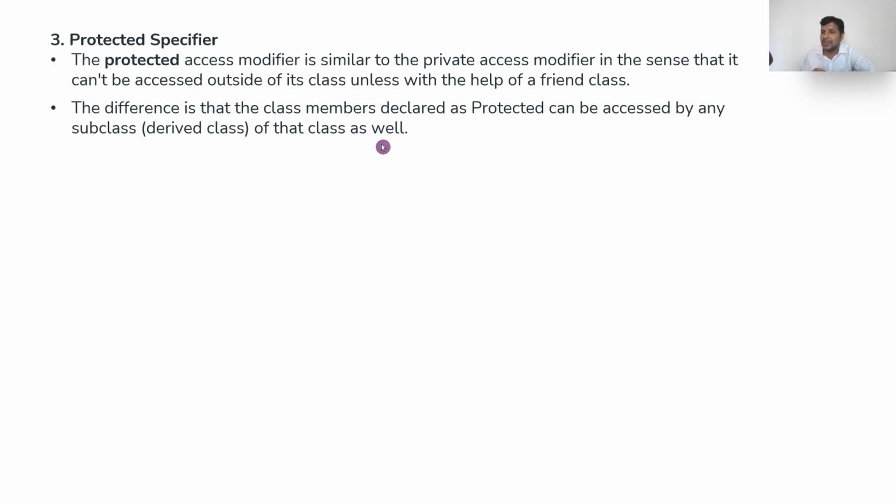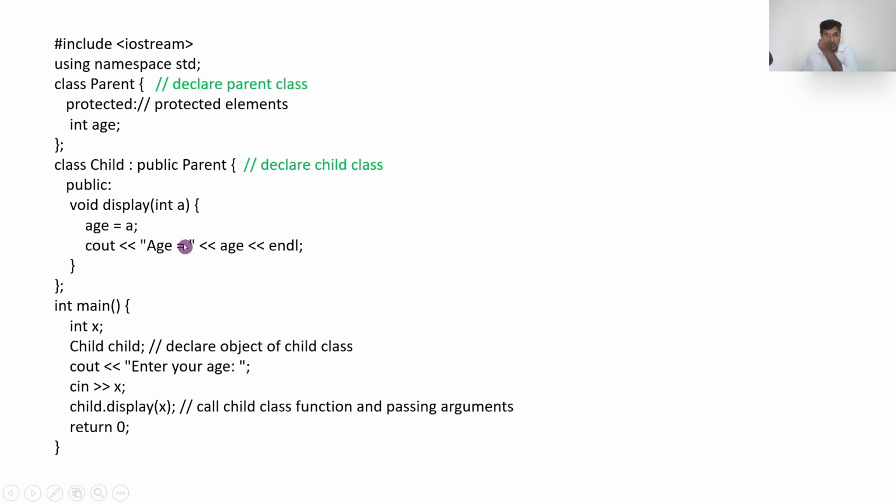So just like private, but subclasses, that means a parent class has a child class, or a super class having a subclass, can access it. Now how do we declare a subclass? By using a colon. Let me show you the program. You can see here, when you write class child colon public parent, this is a parent class.